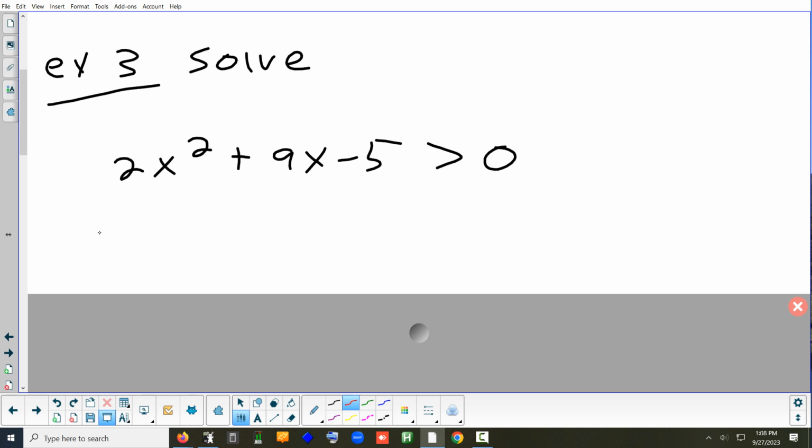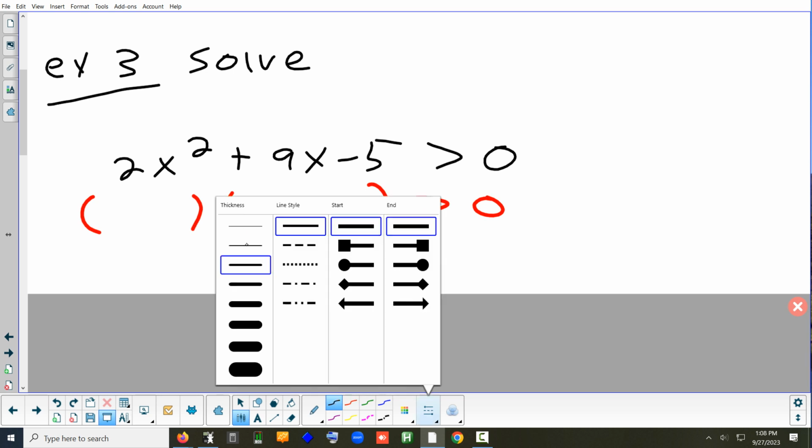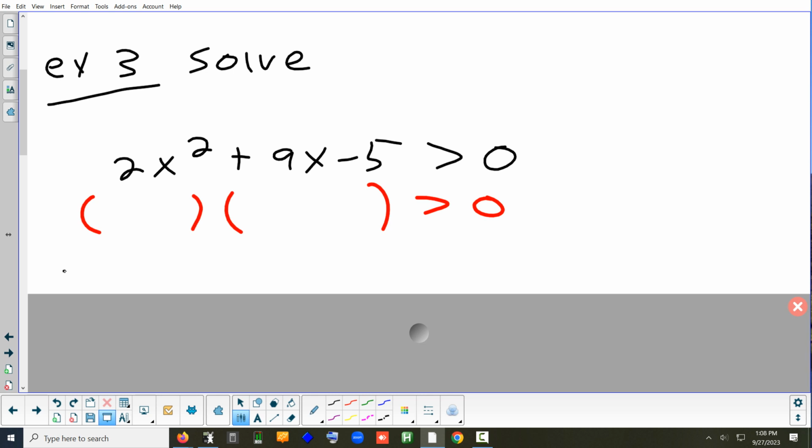Okay, now it's ready to factor. What 2 things would I multiply together that would give me 2x squared? Yeah? 2x and x. I'm going to need a 2x and x. I've got a positive 9 and a negative 5. What does that mean about the signs that I put when I factor it?